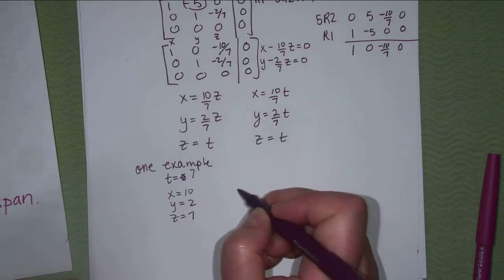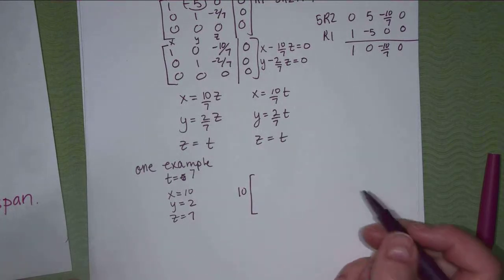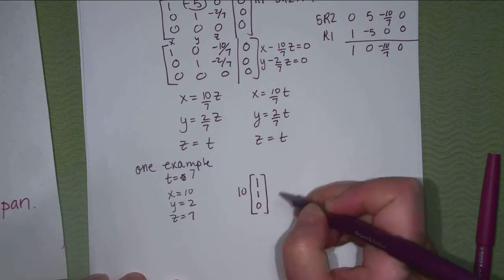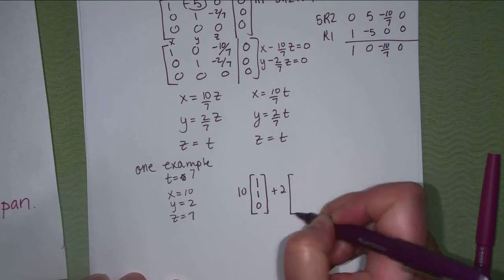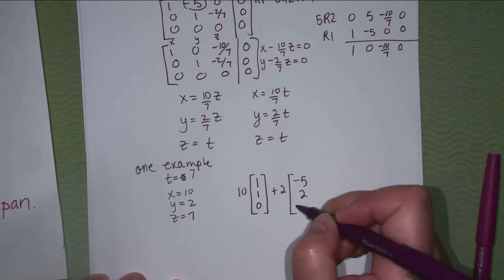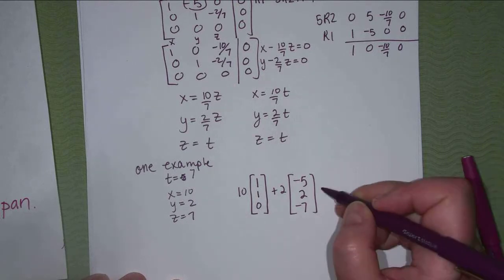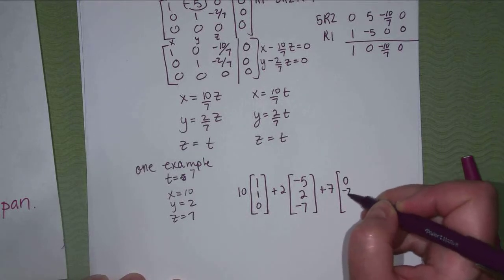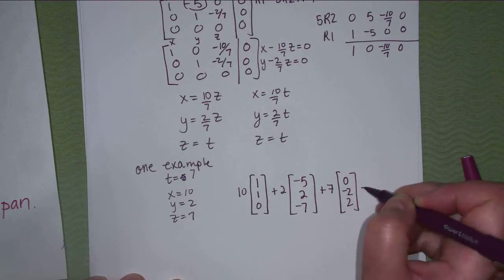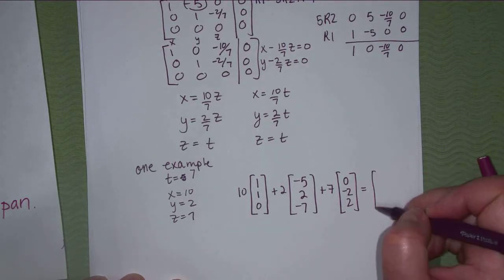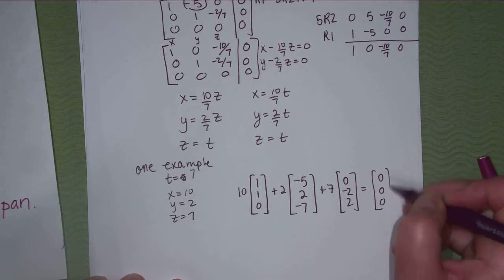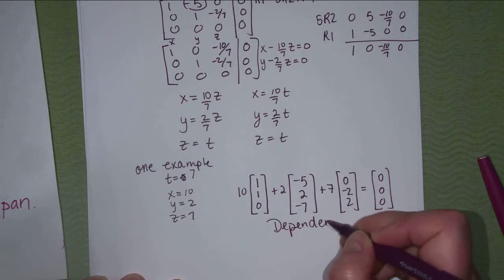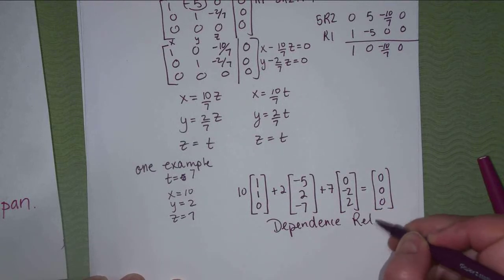So 10 times whatever our first vector was from earlier, and this is your dependence relation, or an appropriate linear combination.